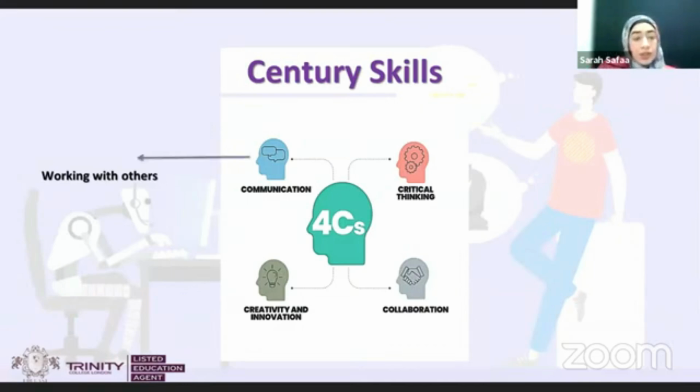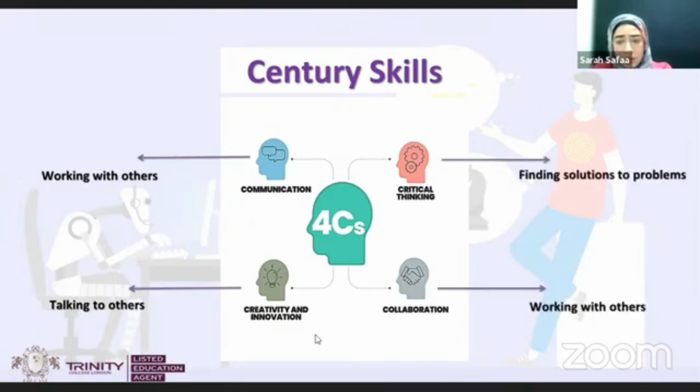So first one, communication. The first one is communication. So communication means working with others. Okay. Creativity and innovation. It's not working with others for sure. Talking to others, this is communication. Okay, there is an overlap here.